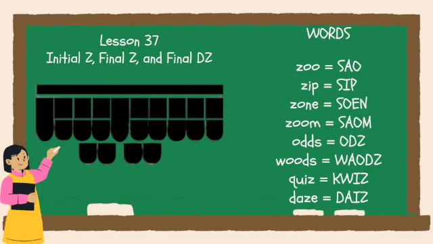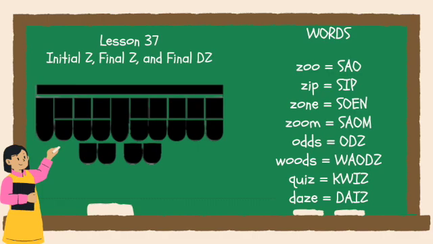Okay, so we have here the words applying what we have learned in a previous slide. So we have the words zoo, zip, zone, zoom, odds, woods, quiz, and days. We can see that initial S is being used for initial Z, and for words with final D, and then the plural of it, we use the final DZ.